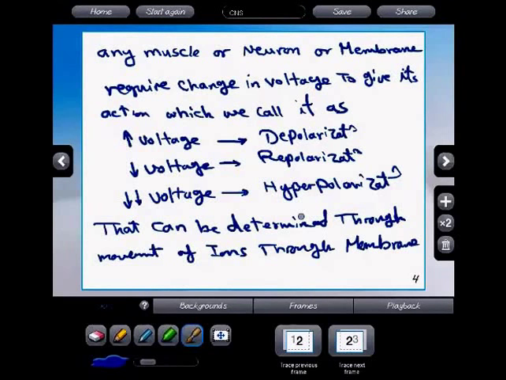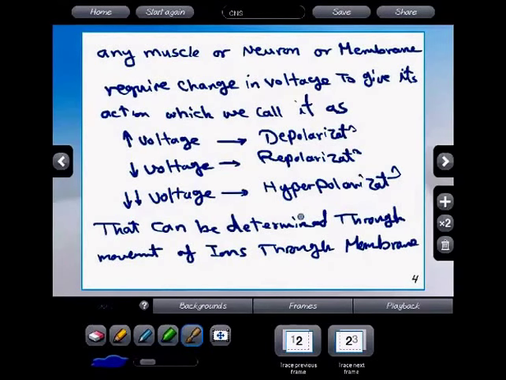But potassium outflux, sodium outflux, calcium outflux decrease the voltage or the potential and make repolarization. But the influx of the chloride ion through the chloride channel leads to a severe decrease in the potential, a very, very high decrease, which can make hyperpolarization.